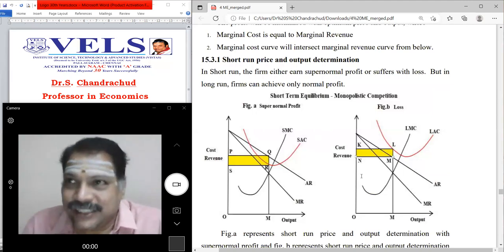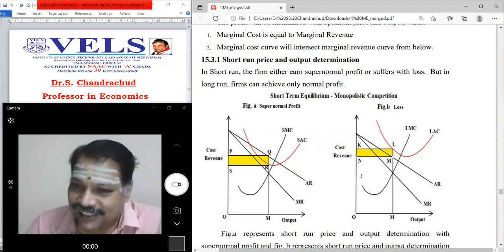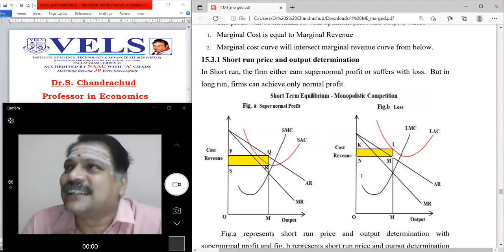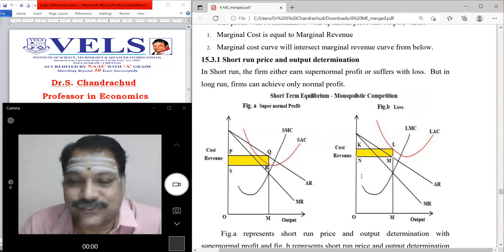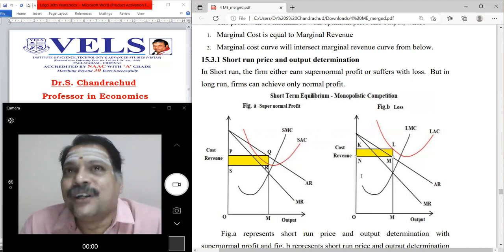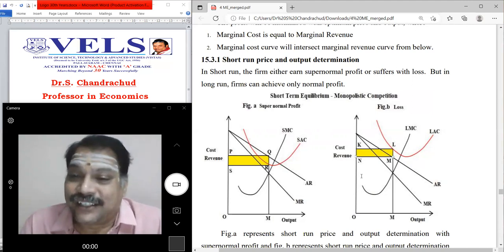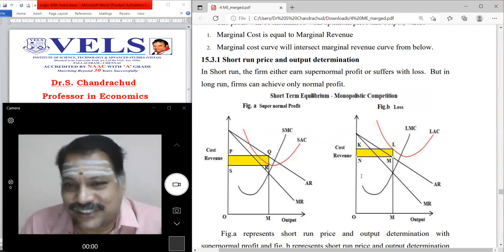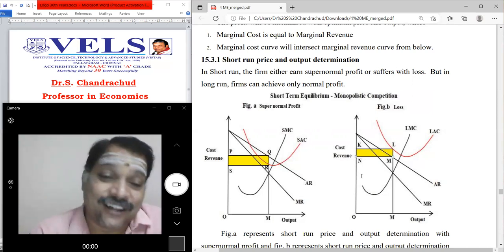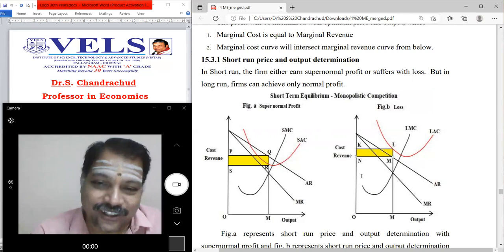We are measuring the output on the x-axis and the price on the vertical axis. We call it the cost or revenue curve. First, we should draw the revenue side, both average and marginal. It is a downward sloping curve from left to right.